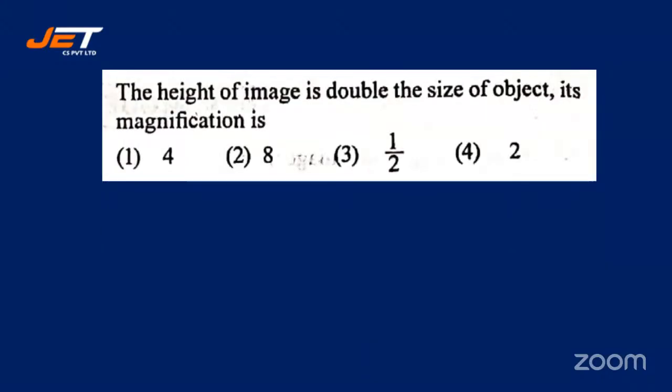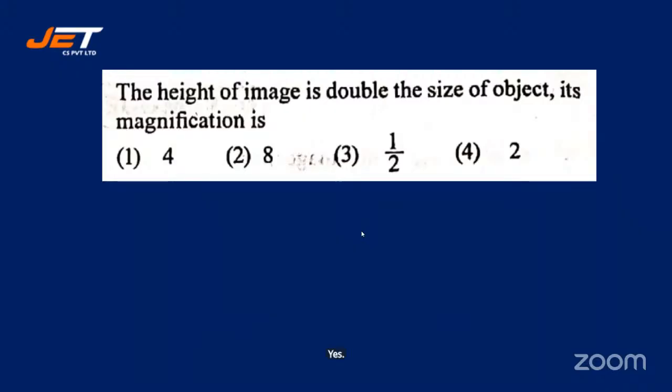The height of the image is double the size of the object. Its magnification is? Magnification formula, that's easy, students. I'll show you what should be done here. All right, Gopichan, what exactly do you want to be explained again?